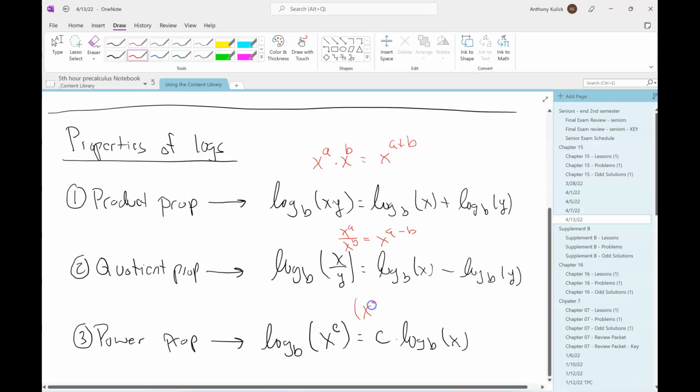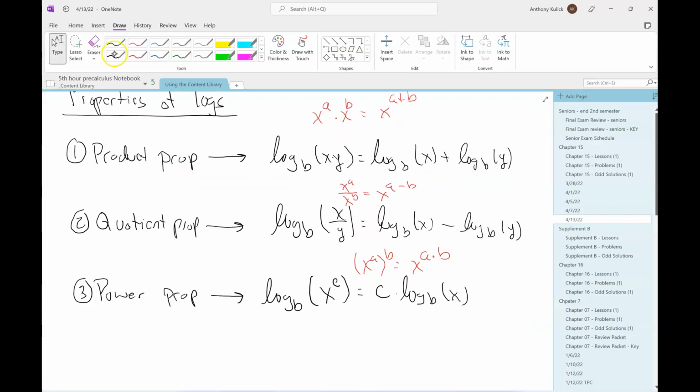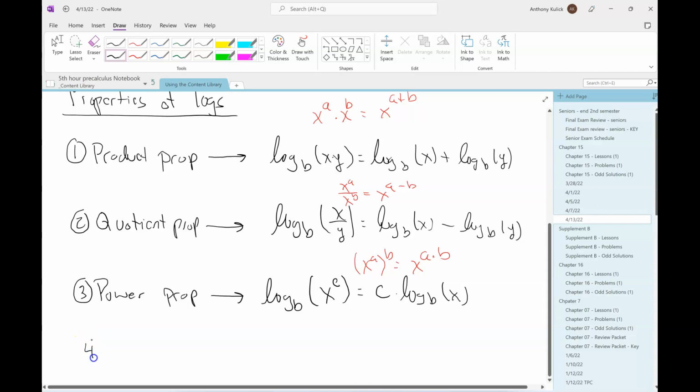This is related to the power of a power property, that an exponent of an exponent turns into the product of the two exponents. This is essentially the logarithmic version of that property. And those are the big three that are super useful.